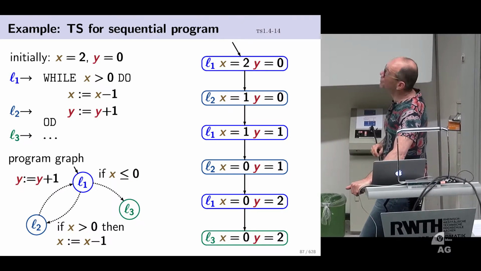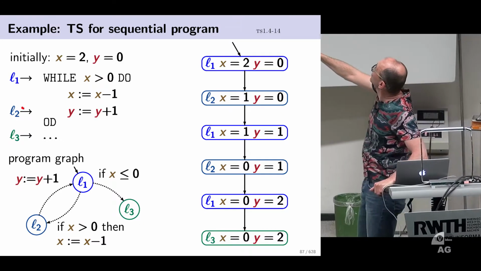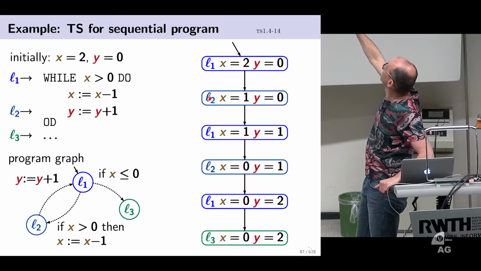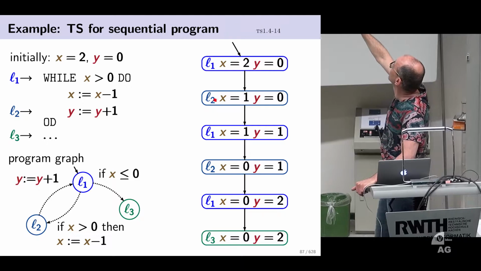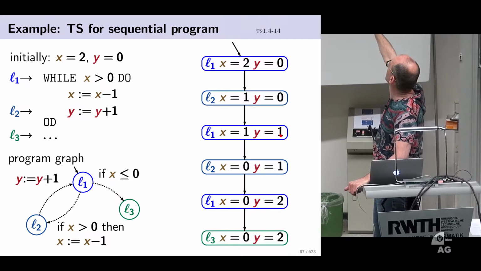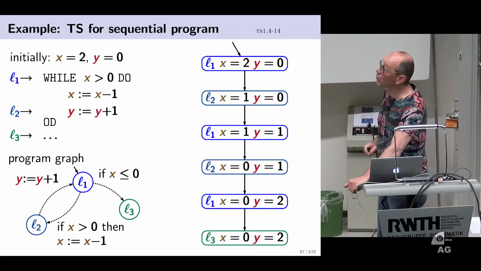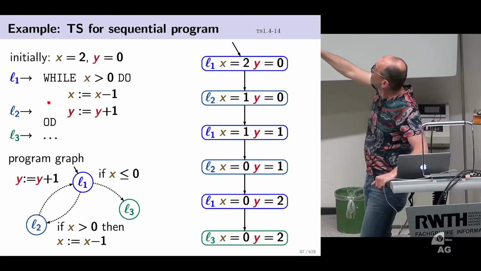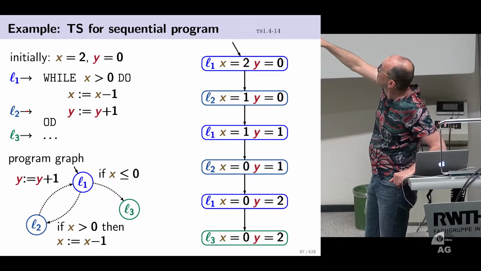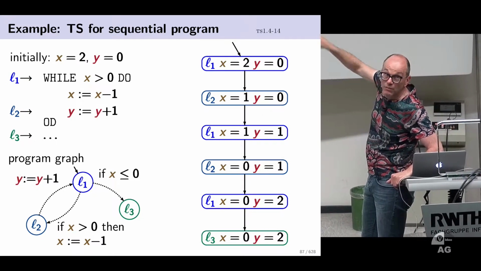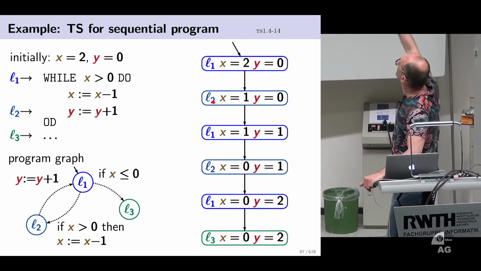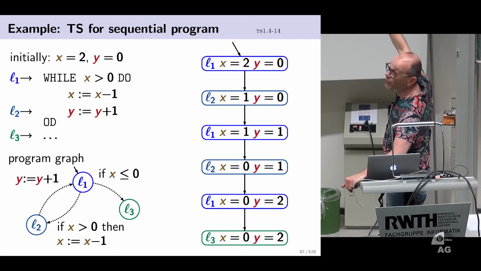Y is not touched. Now I am about to execute L2 because that's the current value of the program counter. What happens in L2? Well, x is not affected and y is incremented by 1. Where is the control flow of my program moving? Well, you just have executed L2. Then we go back to the beginning of the loop. So the program counter is changing from L2 to L1.